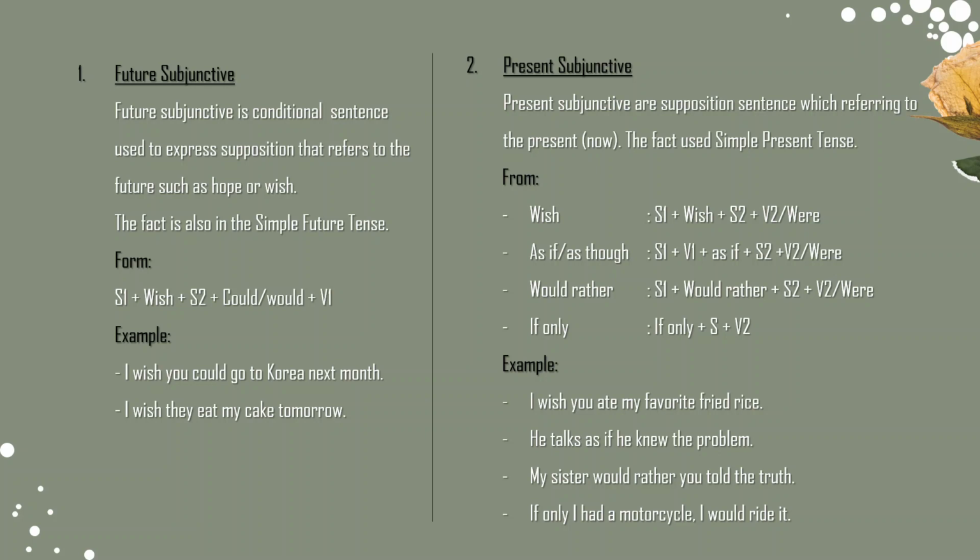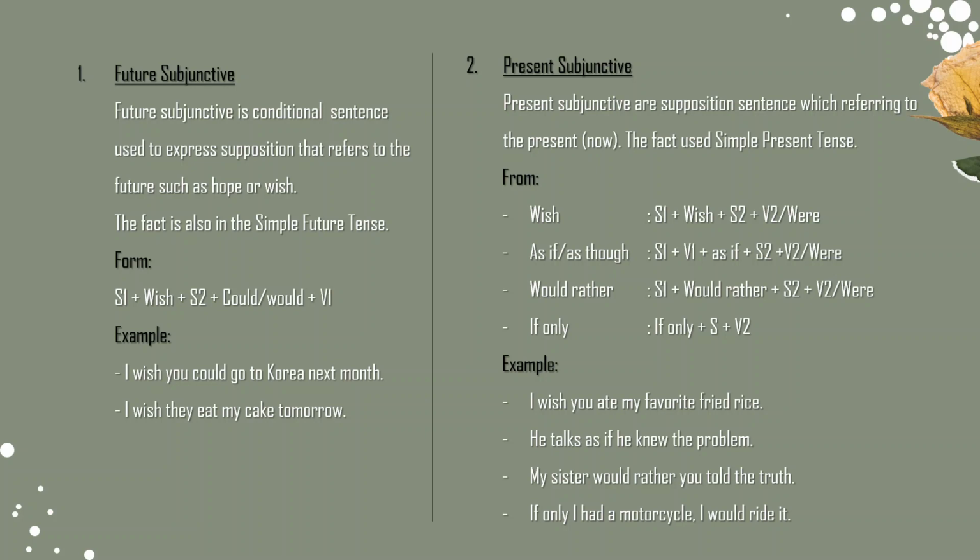The second formula is for as if or as though: subject plus verb 1 plus as if plus subject plus verb 2 or were. The third one is would rather: subject plus would rather plus subject plus verb 2 or were.